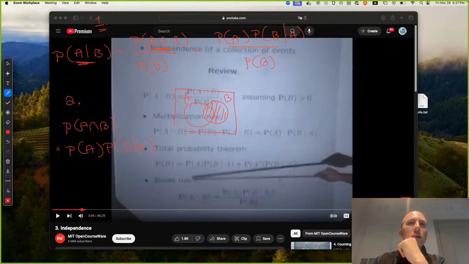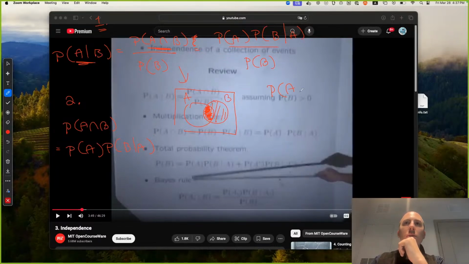This is just the probability of B. You're interested in the amount of A that intersects with B over that whole area. So that's this picture: this is the numerator and this is the denominator.